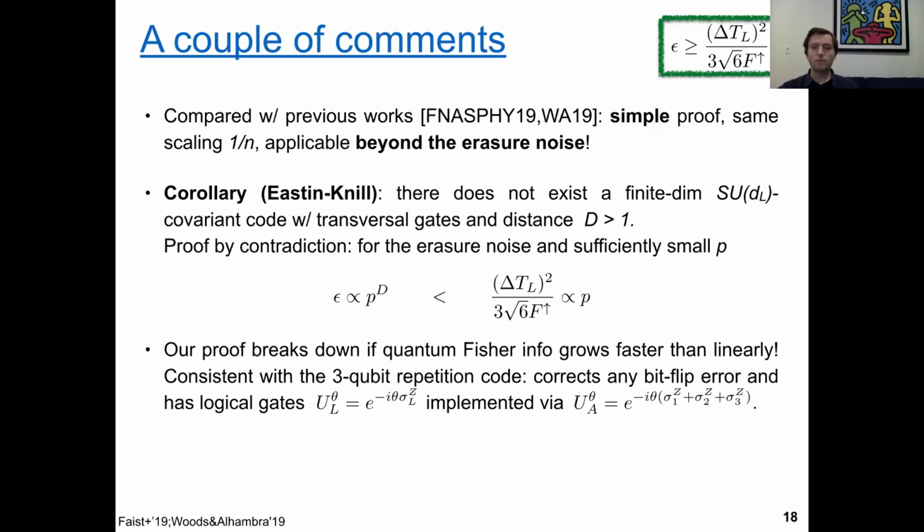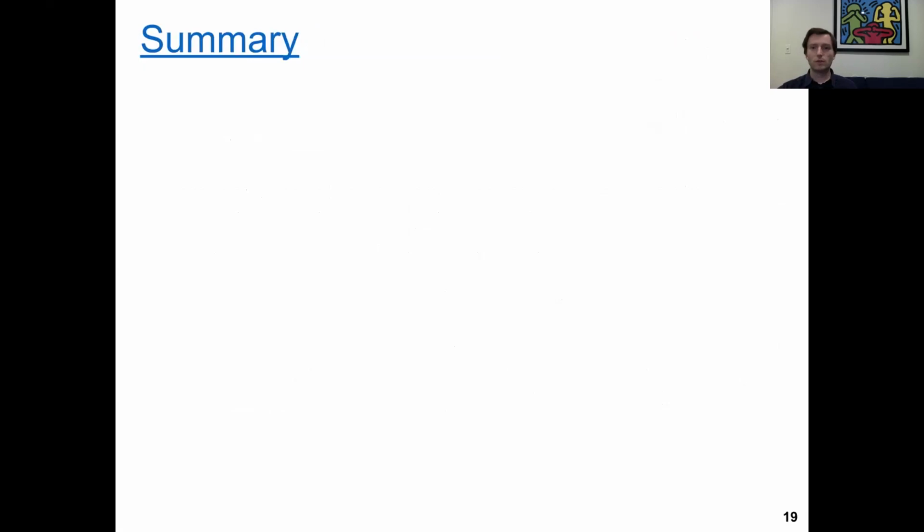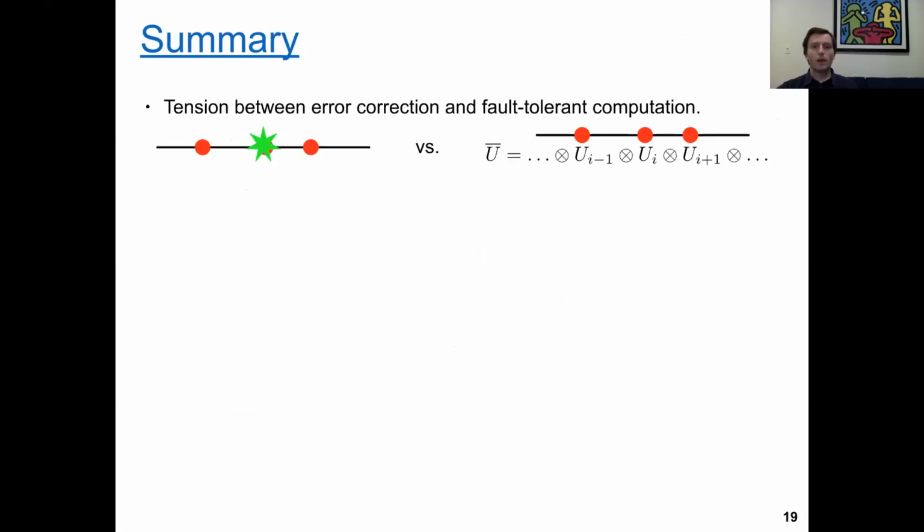So this brings me to the summary of my talk. I was telling about the tension between doing error correction and performing a fault-tolerant computation. If we can correct an error which affects any subsystem, then we cannot have a universal gate set of transversal gates.